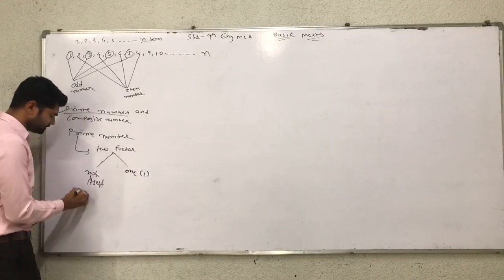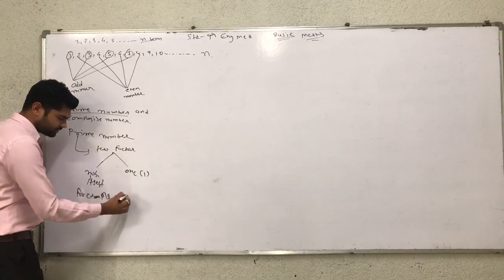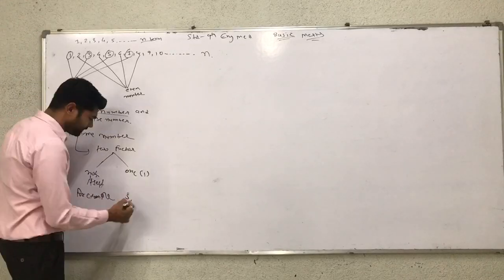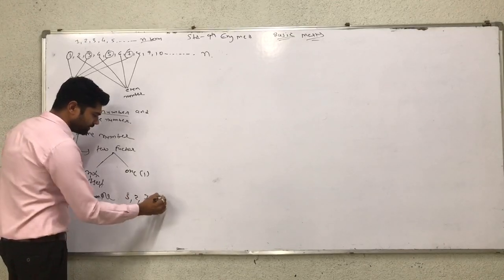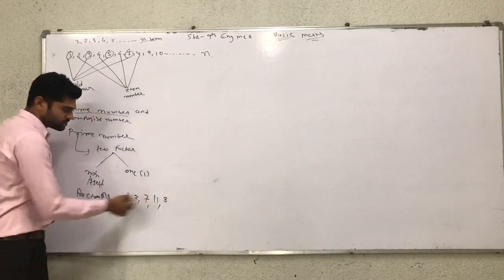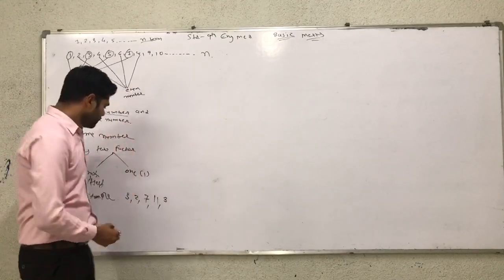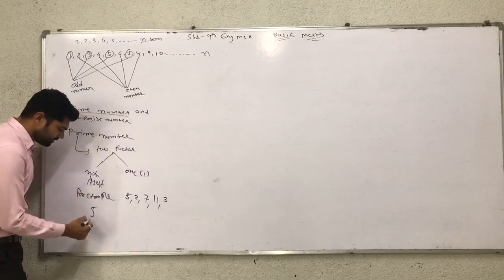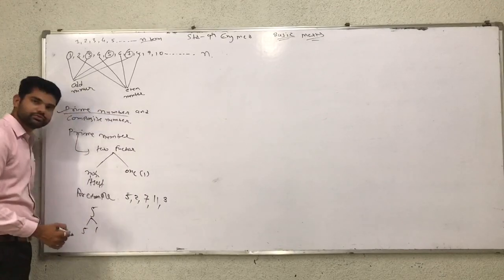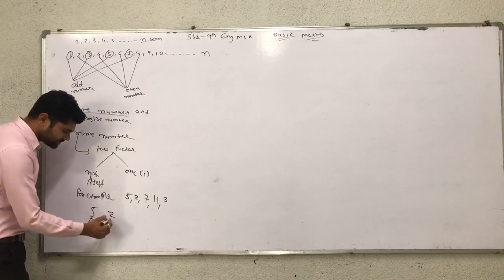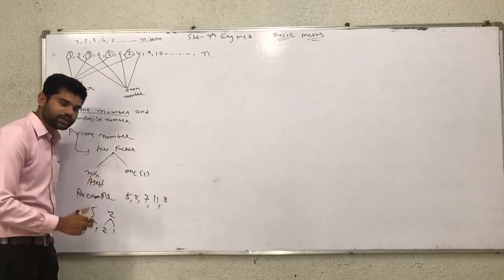For example, take 5, 2, 7, 11, 3. All these numbers contain only two factors. Take 5: 5 is the number itself, and 1. 2 means the number itself and 1. So it contains only two factors.